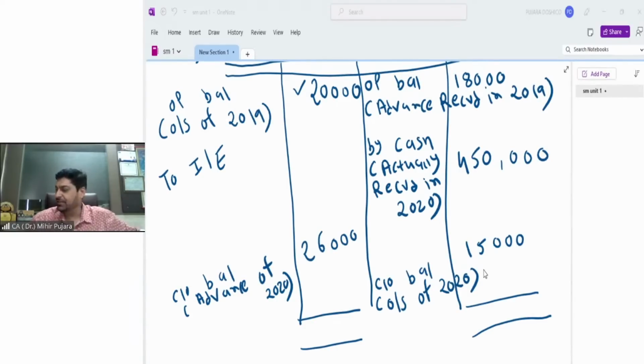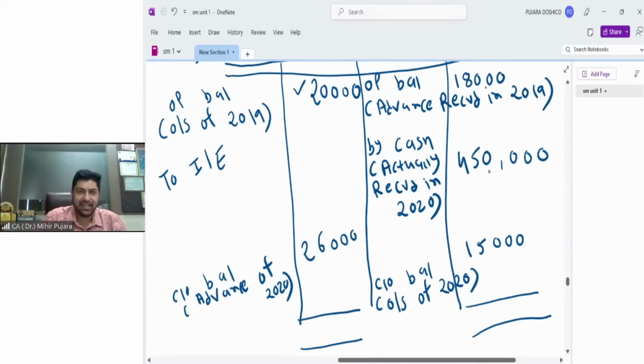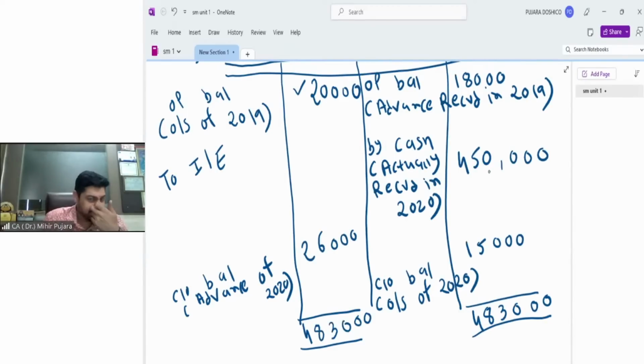So 20,000 is outstanding of previous year because you received in current year. Okay. So this side total is 483. Here also it is 483.